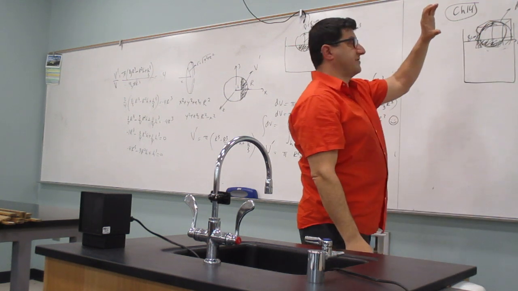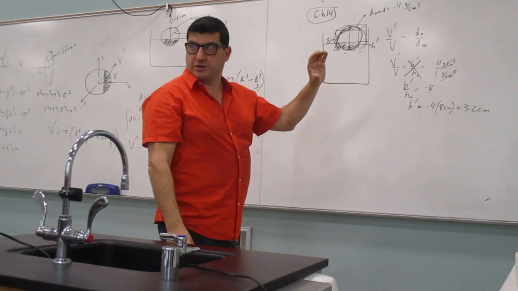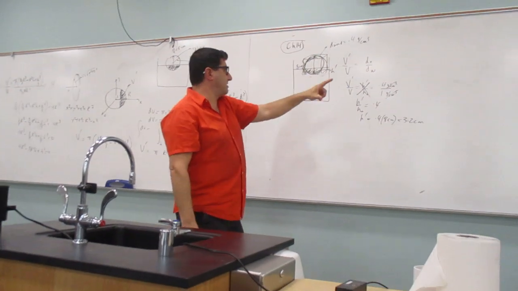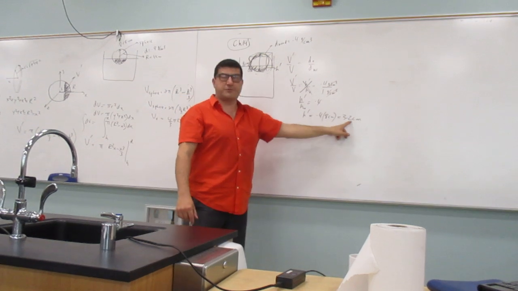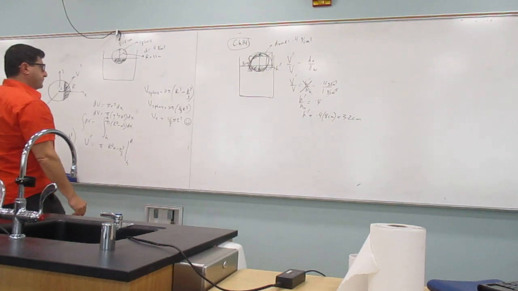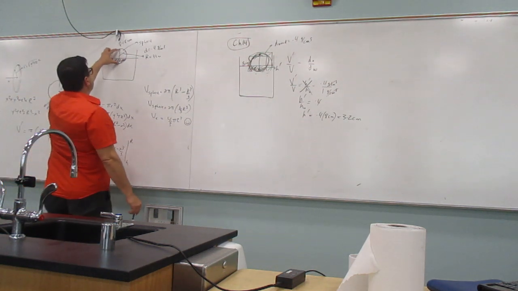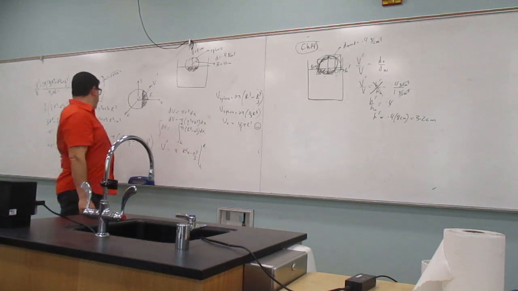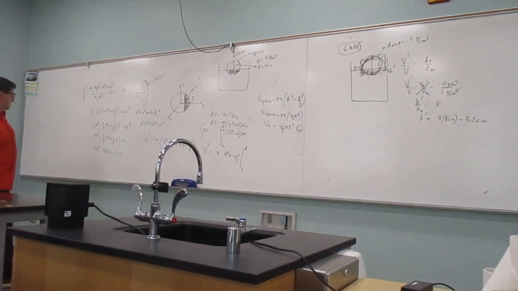So now I want to see if the sphere sinks in deeper or does it float up higher. And then compare it to the answer we got there, which was 3.2 centimeters. Okay. So then if the diameter is 8, then the radius is 4. So I could put R is 4 centimeters here.